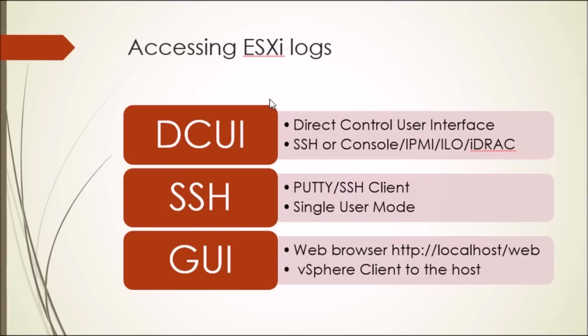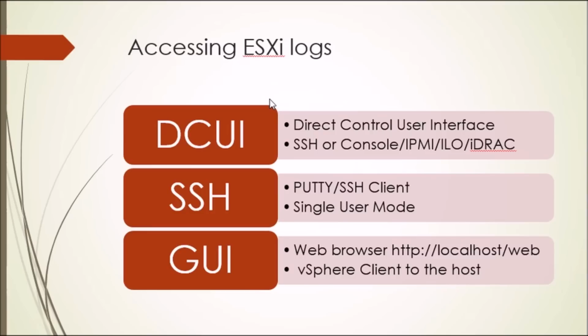In short, let me recap what we have done. We've talked about the ESXi logs which are present. We've talked about the different types of logging which are enabled on the ESXi system. We've talked about the hardware logs, the VM logs, the OS logs, and the user events.